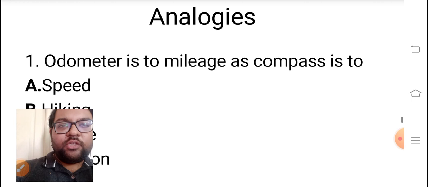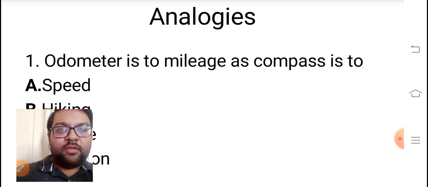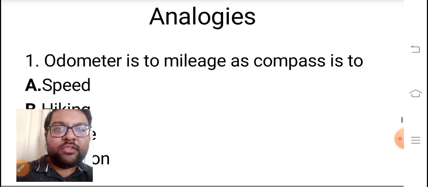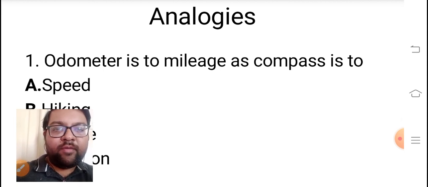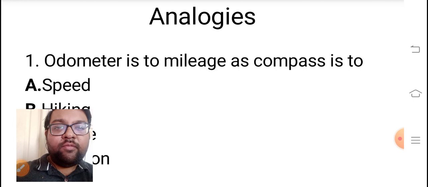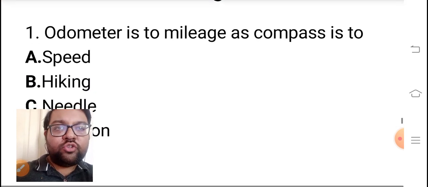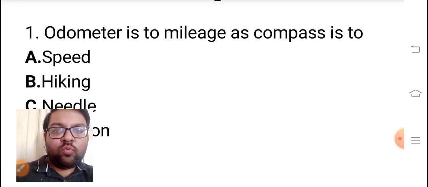Okay, so we will see a small analogy question. Analogy means in the question you will have some relationship between two words, and you need to find out what is the relationship given in the option. So odometer is to mileage as compass is to what?